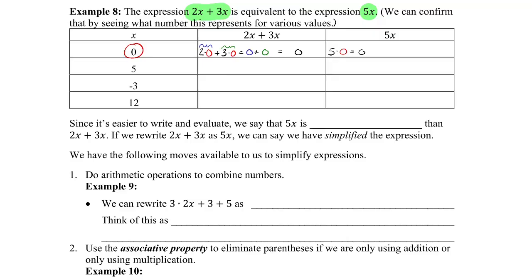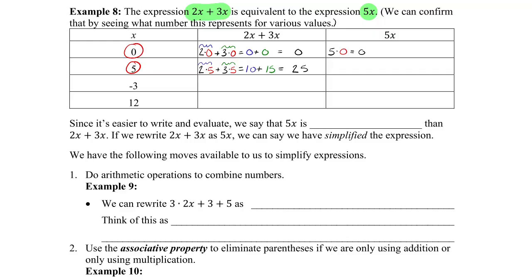So if x represents the number 5, then in our first expression we have 2 times 5 plus 3 times 5. Again, we'll evaluate the multiplication first, then the addition. So we'll multiply 2 times 5 is 10. 3 times 5 is 15. And finally, we'll add 10 plus 15 is 25.